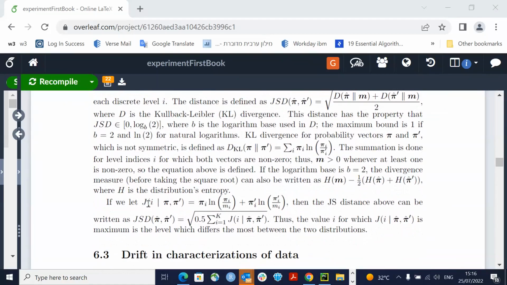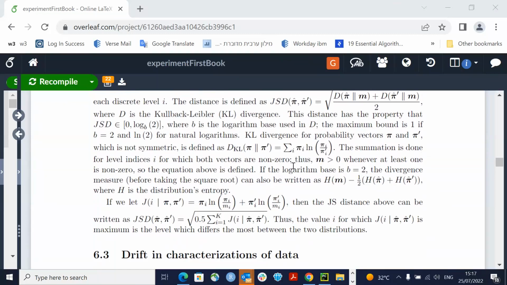The j for a given category is just this expression, and then the Jensen distance is half of the sum of these, under the square root. So you can use this to score which category contributes the most to this distance, which category appears to be the most causing the drift. I use this as a score function, so it's pretty useful. And because it has all the properties I mentioned before, overall it's a useful metric.